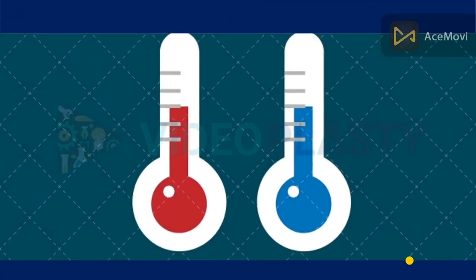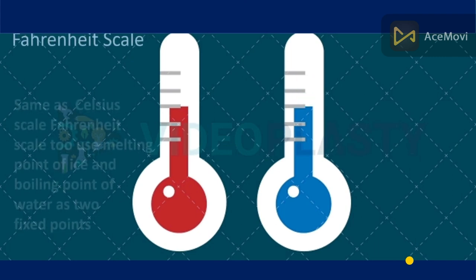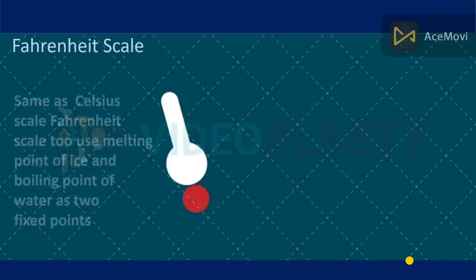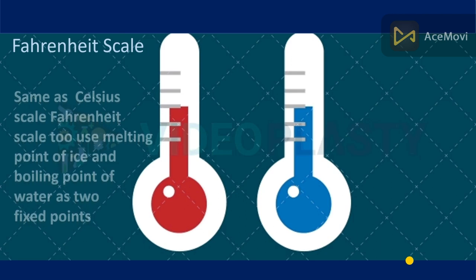Now we will talk about the Fahrenheit scale. Same as the Celsius scale, the Fahrenheit scale too uses the melting point of ice and the boiling point of water as two fixed points.